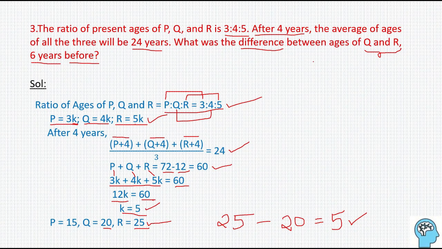So the answer is even before 6 years also the difference between the ages of Q and R is 5 years. The same thing I have explained step by step in the next slide. You can go through it.